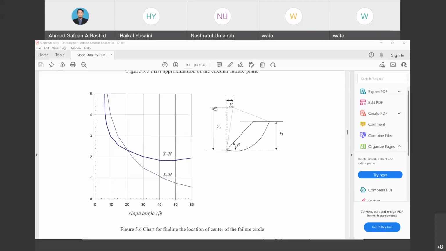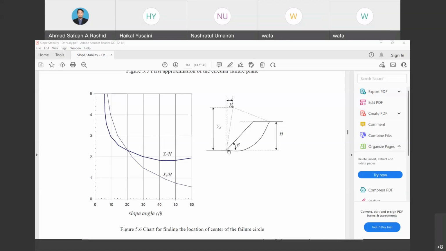Then we draw a line up to a height of, for example, 2 meters. Then XC over H is equal to 1.5. Because H is equal to 1, the XC is equal to 1.5.